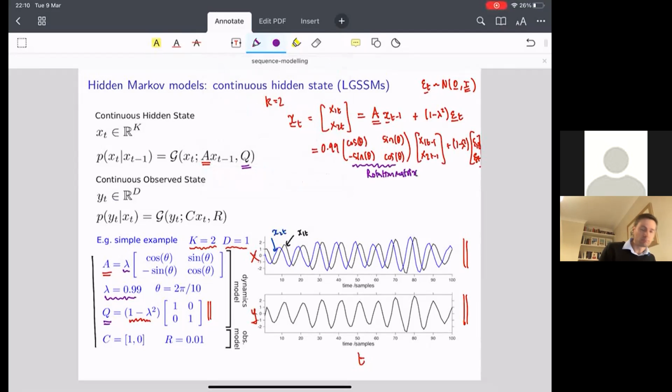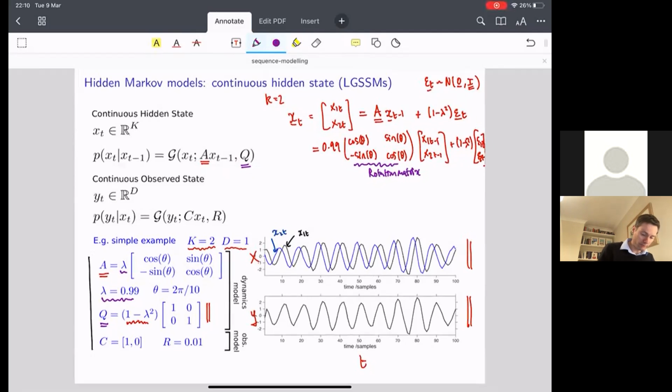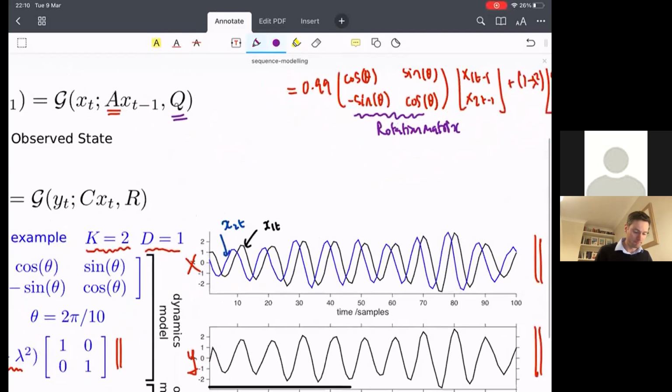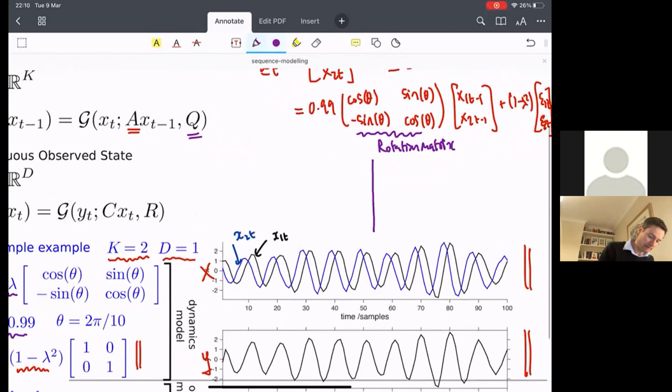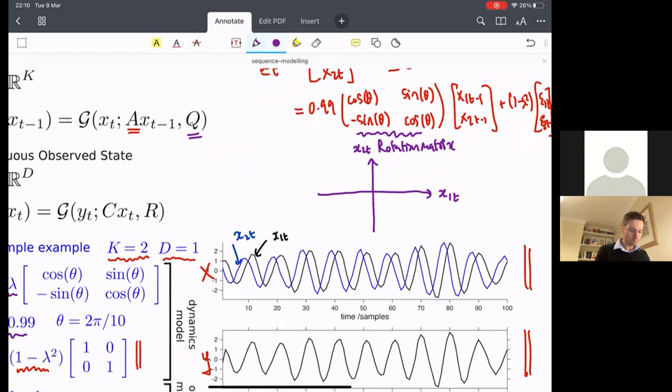This is the matrix you need to multiply something by in order to rotate a vector by an amount theta. So there's a really useful diagram we can do here if I just zoom in to better visualize what's going on. Let's plot x1 along the bottom axis and x2 along the top axis here.